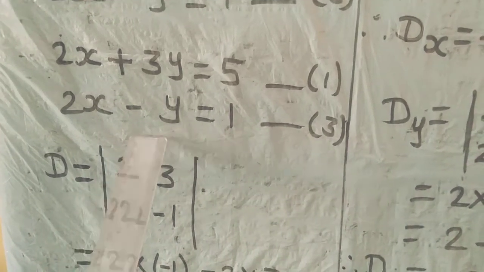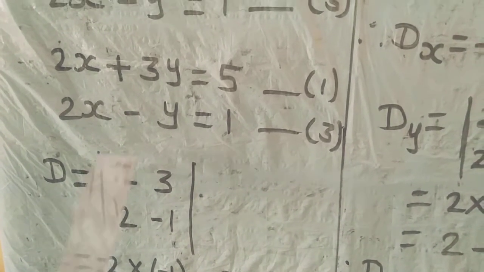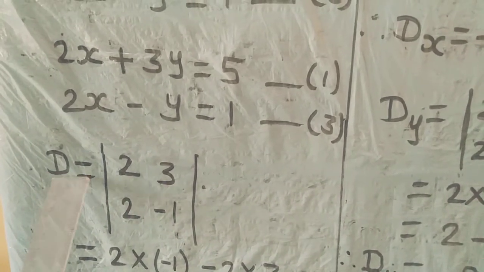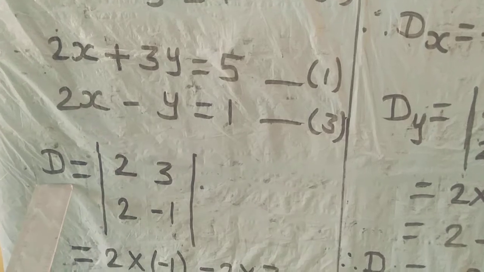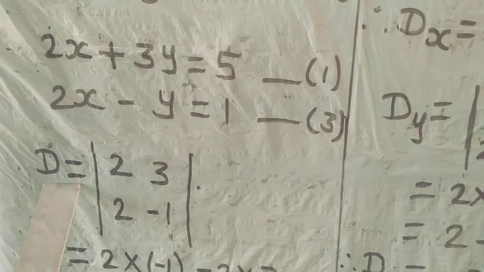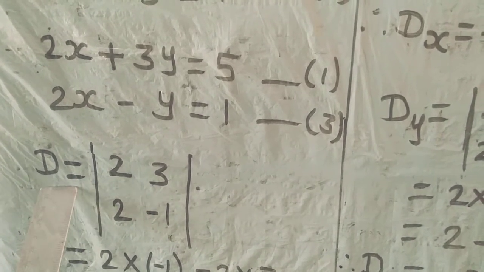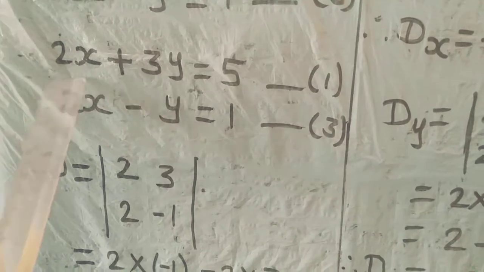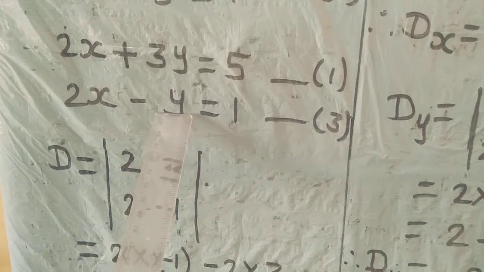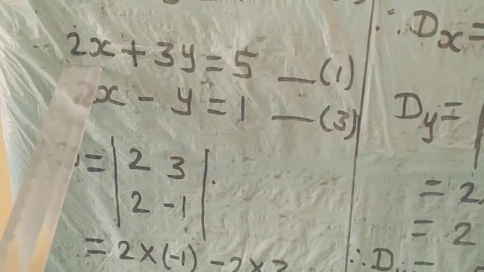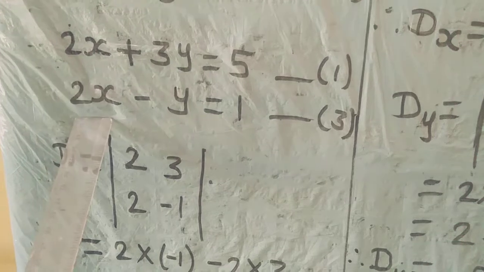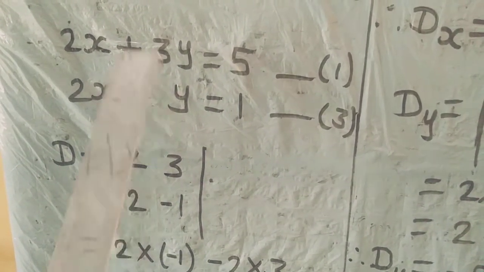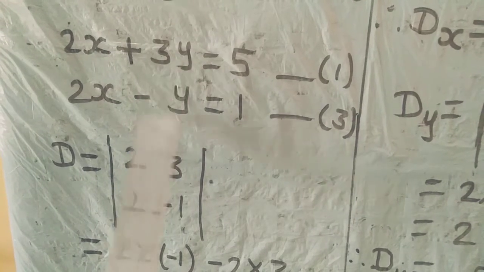Now second process, in the second process we have to find the values of d, dx and dy. So first of all find the value of d, that is determinant d. Now this determinant d consists of coefficients of x and y terms only. The x coefficients form a column, that is 2 and 2, and the coefficients of y are 3 and minus 1.